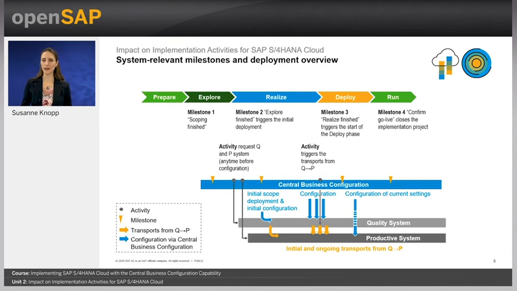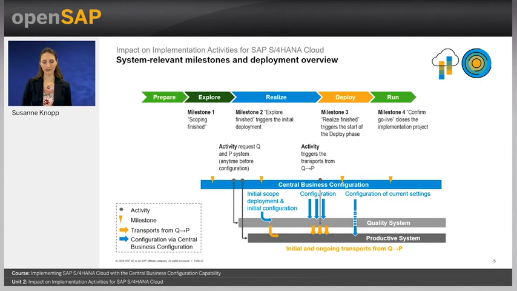That means that all the pre-configurations that come with your chosen scope, plus the configurations that you did with the primary financial settings and your organizational structures, will be deployed to the S/4HANA Cloud quality system. With that, you get a pre-configured quality system based on your scope and your individual needs.